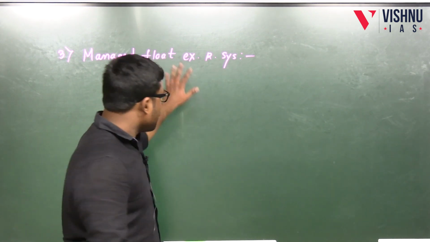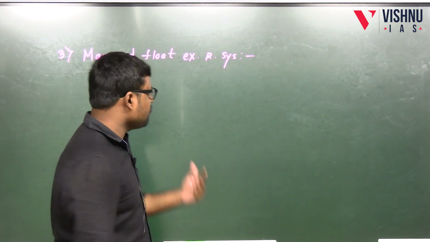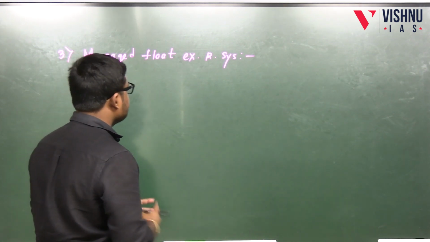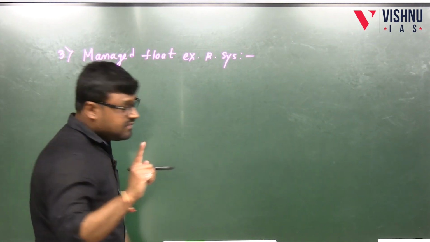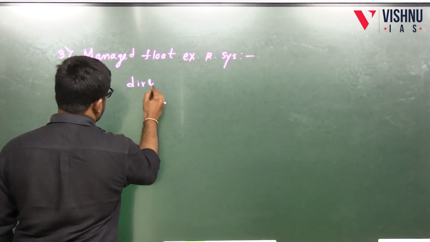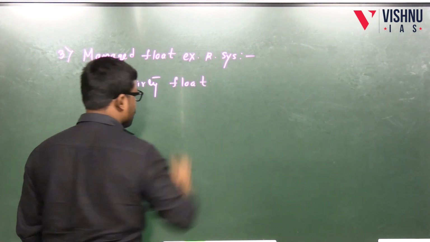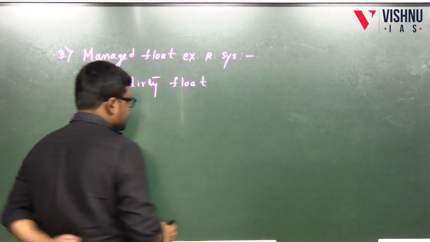In fact, RBI, or our India, follows this one. So what is this managed float exchange rate system? This is also called the dirty float exchange rate system. So what is the meaning of this?